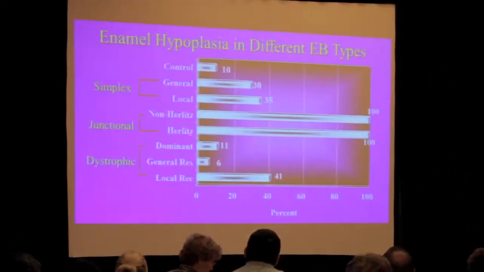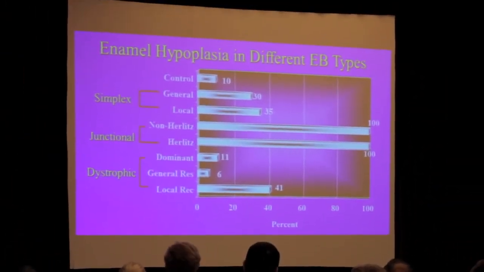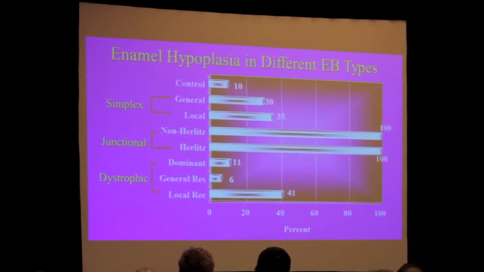When we looked at the enamel defects, we saw that in the junctionals, 100% of the individuals had enamel defects, whether they were Herlitz or non-Herlitz. At that time we didn't have all the mutational analyses that you have today, but of all the mutations known to be associated with junctionals, they all have enamel defects. Simplex was not much different than the control group, and even the dystrophics. The recessives seem to be a little bit higher, and that may just be due to stress.